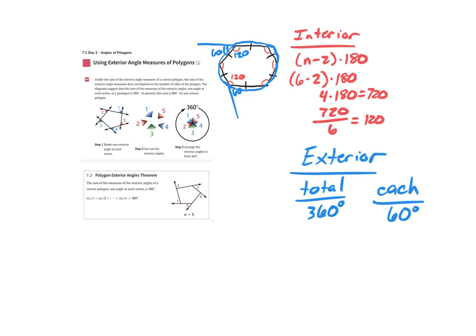So you're going to have to really pay attention to what question is being asked. Are they asking me for one angle, one exterior angle? Or are they asking me for the sum of all of the exterior angles of that figure, okay? And there's lots of different questions that they could ask us. The same thing up here. 720 was my total. Each angle inside was 120, okay? So one angle inside, or we're talking about the whole thing inside.